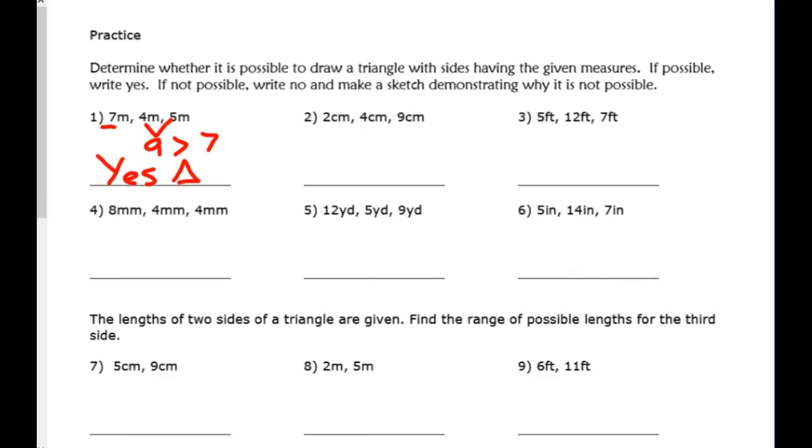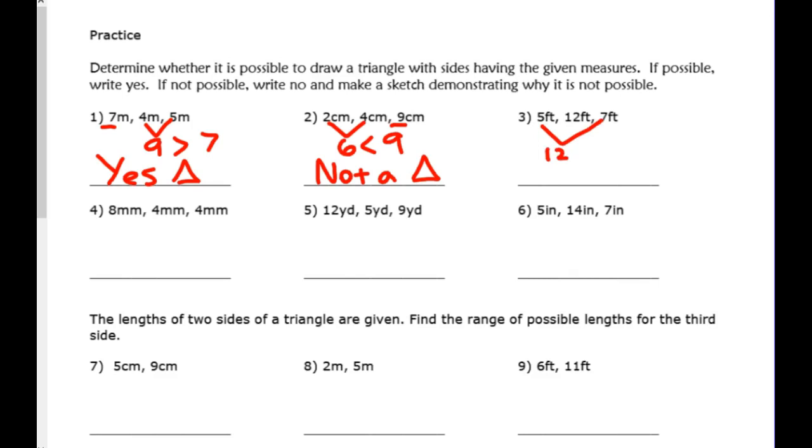Number 2, what do I add? 2 plus 4 is 6. Is that greater than, equal, or less than 9? Less than 9. So what does that mean? Not a triangle. On number 3, what do I add? 5 plus 7 is 12.